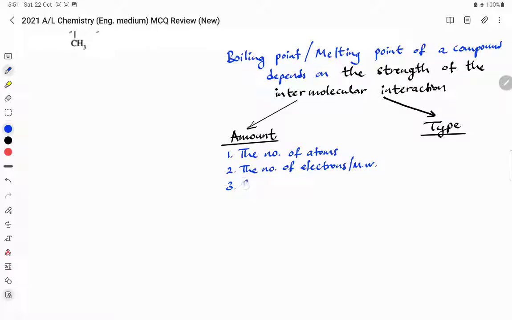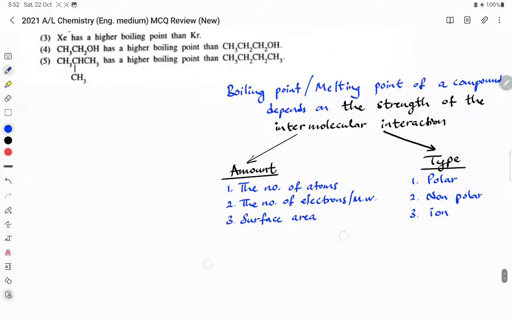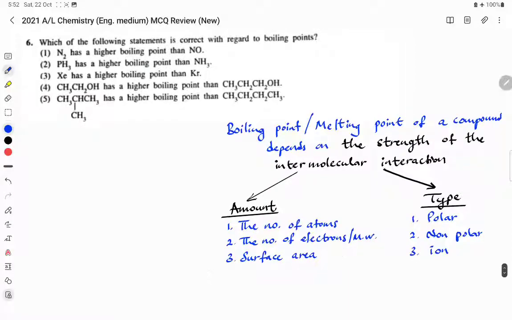The third one is the surface area. If the surface area is greater, it can form lots of interactions with respect to a species having lesser surface area. The type of the interaction depends on three things: whether it's a polar species, a non-polar species, or an ionic species. Therefore, let's compare the given answers according to this theory.